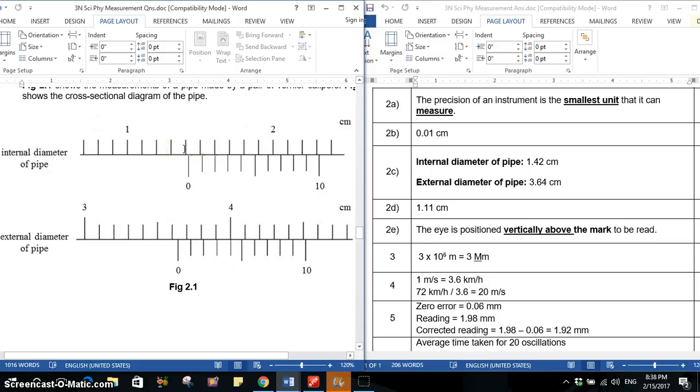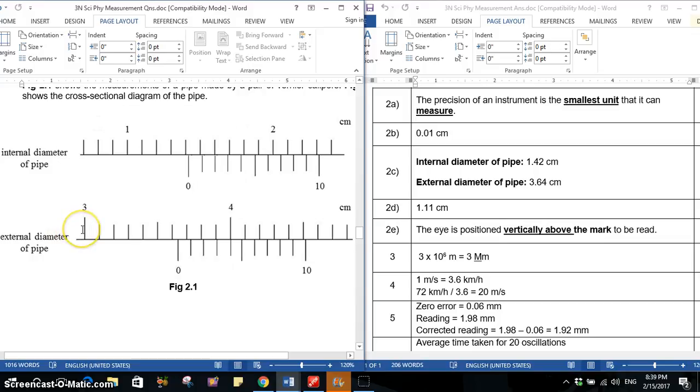So the main scale on your vernier calipers gives me 1.4, and the next decimal place is the one in line, and in this case this is the one in line, so this reading will be 1.42 cm.